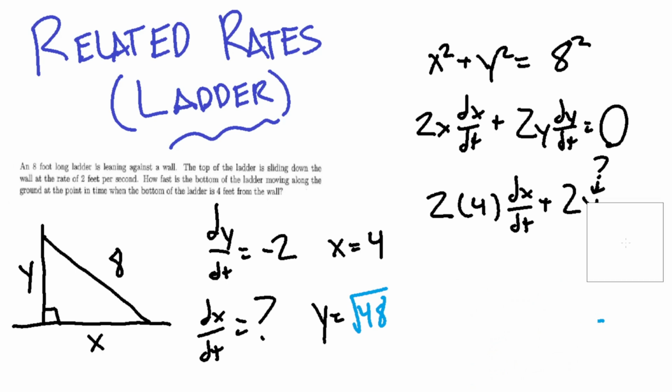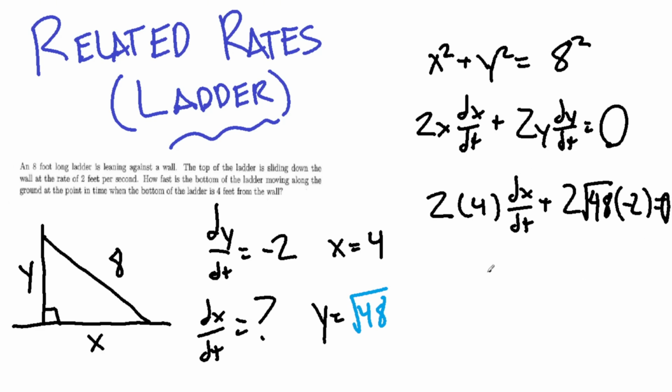to our differentiated equation. So now we have 2 times what we just found, square root of 48, times dy/dt, and it told us dy/dt is -2, so times -2 equals, I don't have a lot of space here, equals 0.